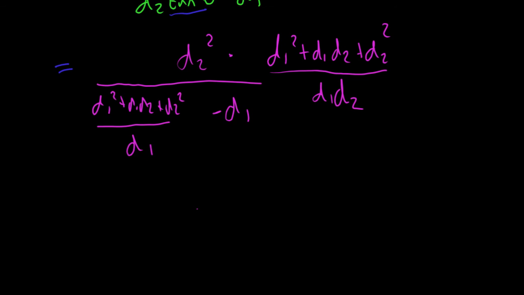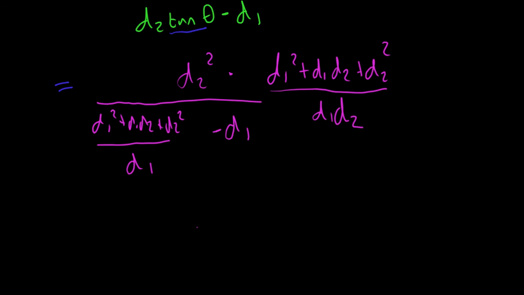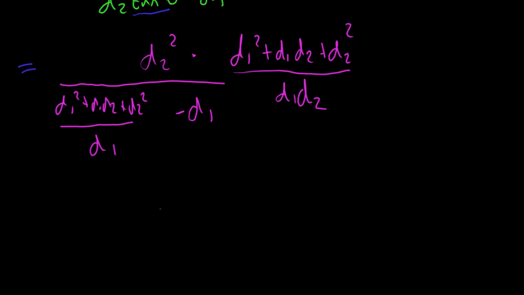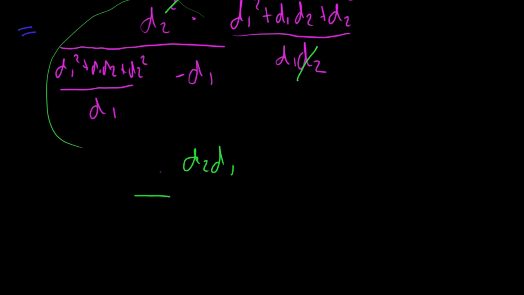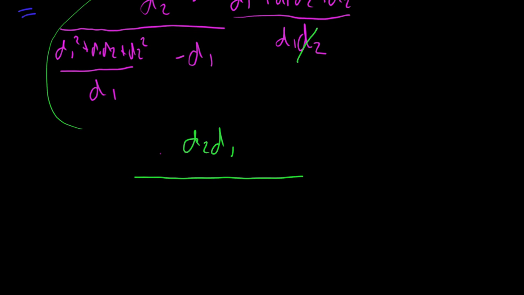So what I want to do is not have multiple fractions, first of all. That's not good. A number of things I could do. Let's cancel this d2 here. Multiply up by d1. So I'm going to multiply everything in this fraction by d1, which is good. So d2 d1 over, you see, the d1 squareds will cancel because this becomes a d1 squared, right?